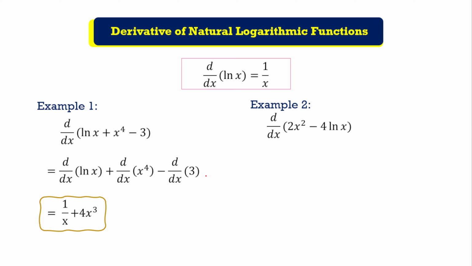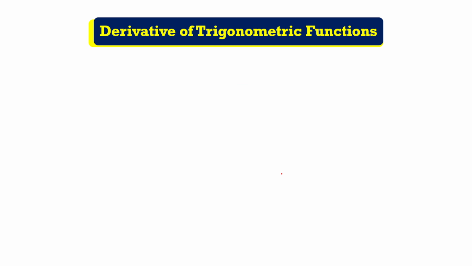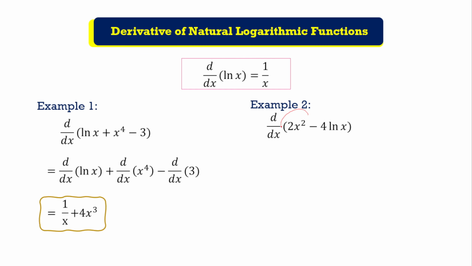Example 2. The derivative of 2x squared minus 4 ln x. The first thing we do is apply the difference rule. The derivative of this function is equal to 2, the exponent, multiplied to the coefficient 2, so 4, then subtract 1 from the exponent, which is just 4x raised to 1, or just 4x, minus 4.